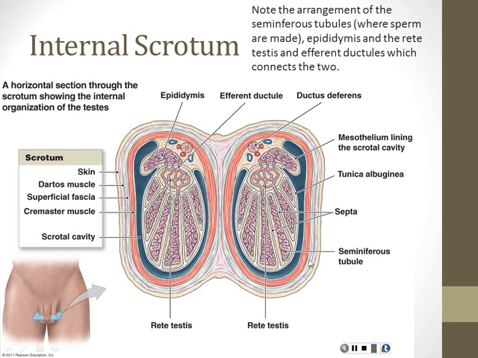And the ducts that are found there are called the seminiferous tubules. There's 2 or 3 in each of these compartments, in each of these lobules. And it's in the seminiferous tubules that sperm production occurs. So the site of gamete formation in the male is in the seminiferous tubules of the testes, right?